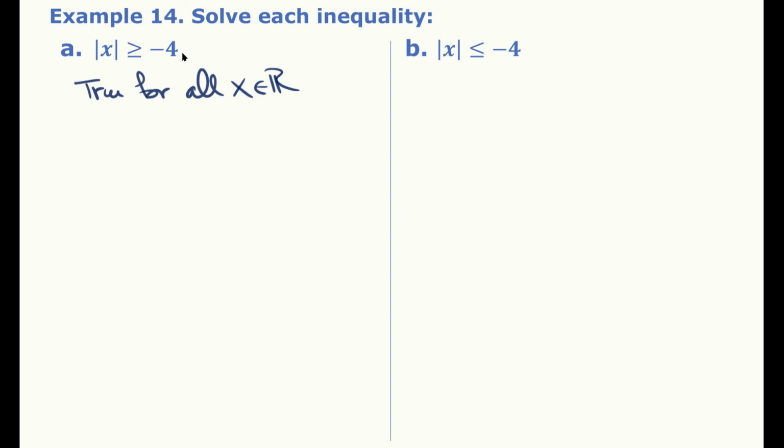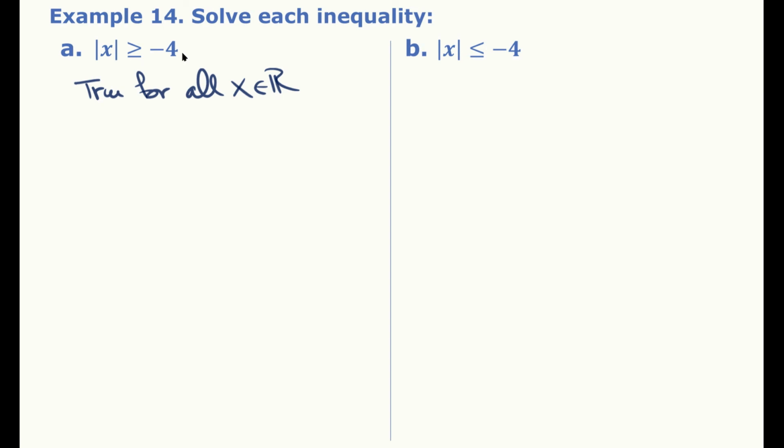Just think about it. Think of some examples. 2. Is the absolute value of 2 greater than or equal to -4? Of course, the absolute value of 2 is 2, which is greater than or equal to -4. Think of 0. Is the absolute value of 0 greater than or equal to -4? Sure. The absolute value of 0 is 0, and that, of course, is greater than or equal to -4. Let's think of -2. Is the absolute value of -2 greater than or equal to -4? Sure.